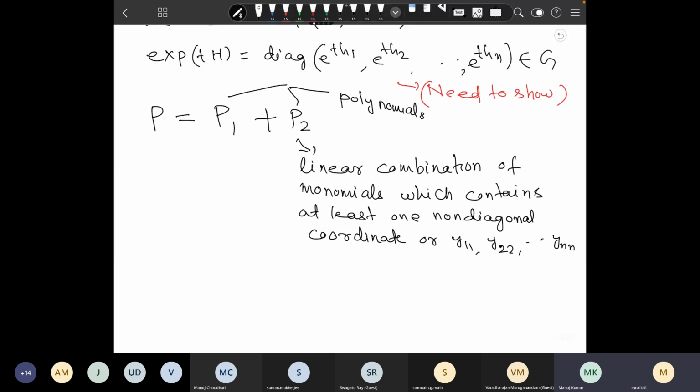First I will choose P2, and whatever is remaining will be P1. Precisely P1 will be P minus P2.